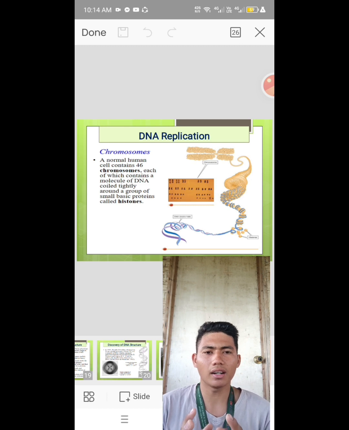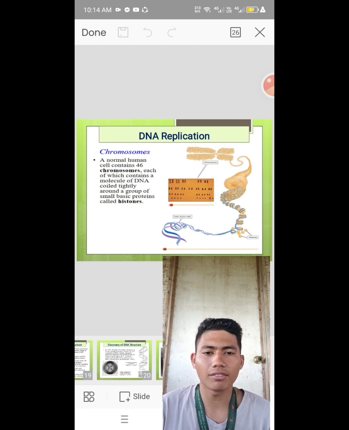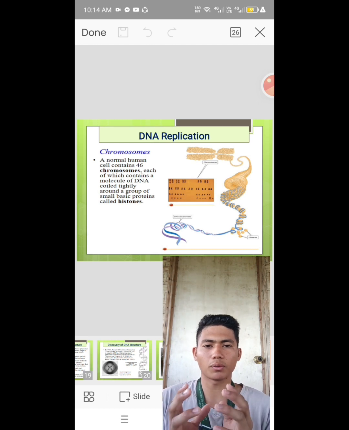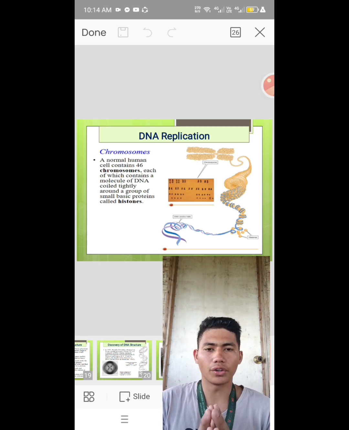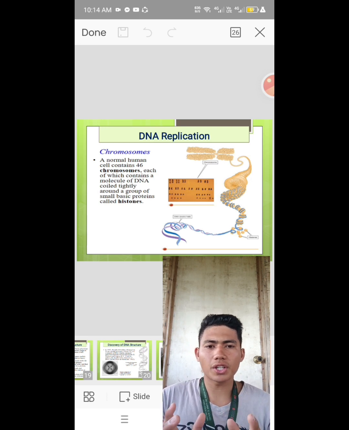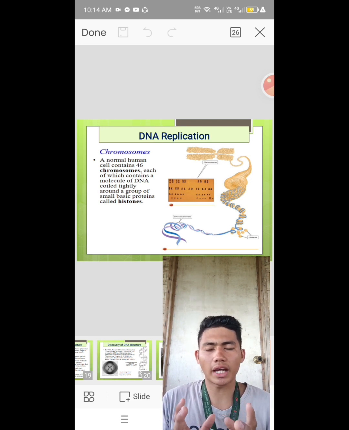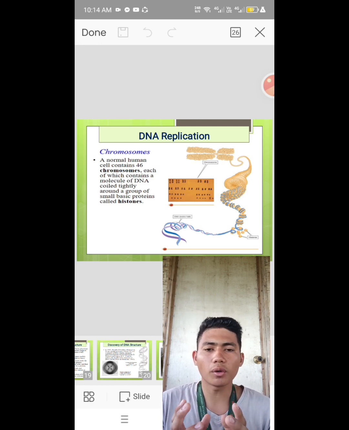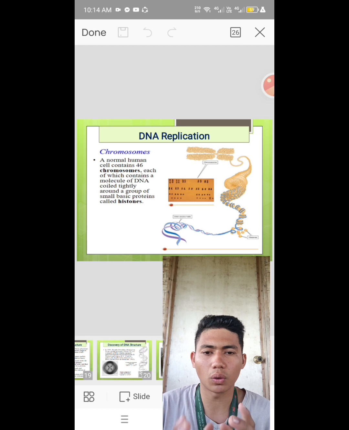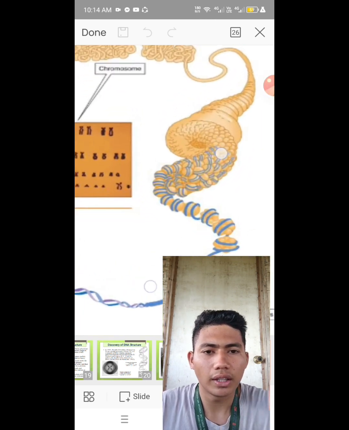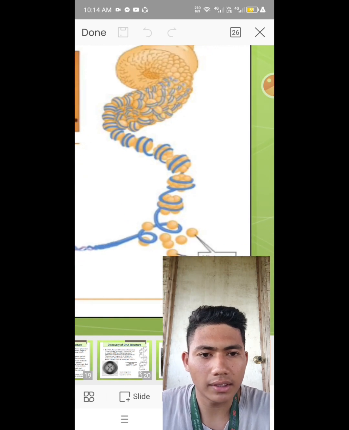So how many chromosomes do humans have? We have 23 pairs of chromosomes, including the X and Y chromosomes, for a total of 46, each of which contains a molecule of DNA coiled tightly around a group of small basic proteins called histones. As you see on the screen, I'll zoom in.